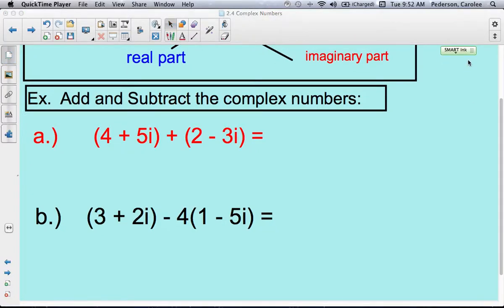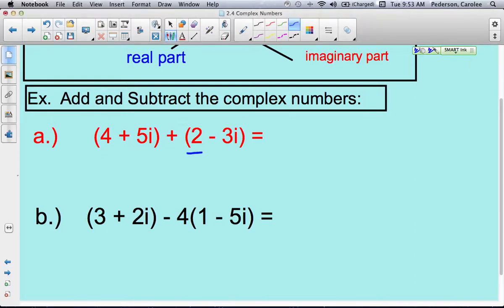Okay, let's do these two examples. So we have two complex numbers adding together. One complex number is 4 plus 5i, and the other complex number is 2 minus 3i. So how we combine these together is we combine real parts to real parts and imaginary parts to imaginary parts. So my real parts are 4 and 2.